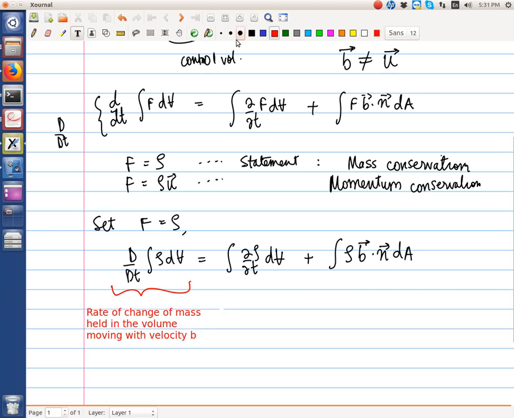The first term on the right implies the temporal change in density, and the second term arises because of a flux of mass across the deforming boundaries.